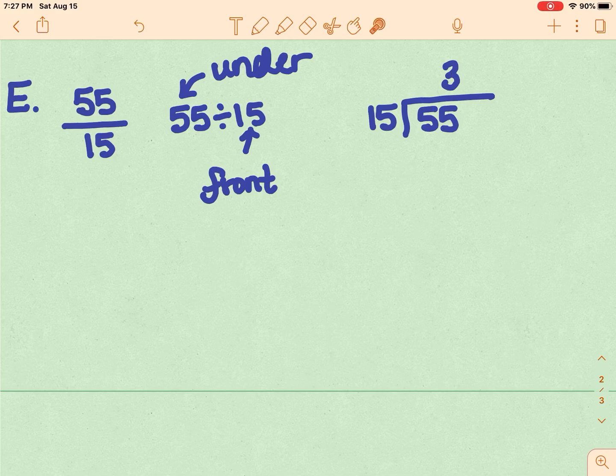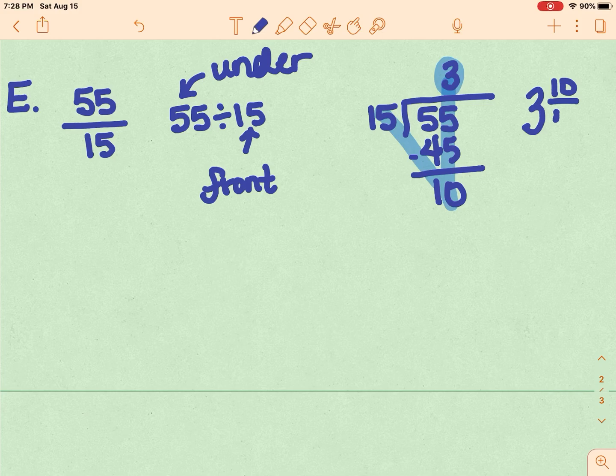So 3 times 15 is going to be 45. And I have 10 left over. So if I do the check mark method, it's going to be 3 and 10 over 15.